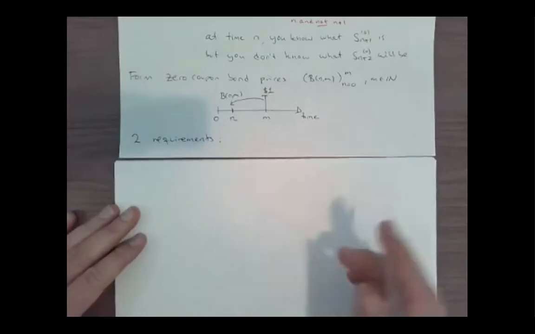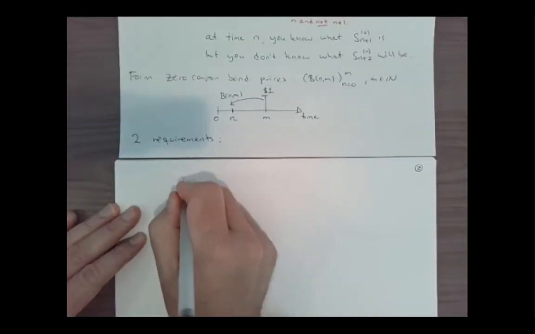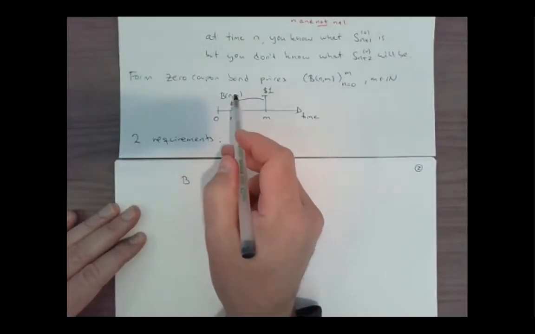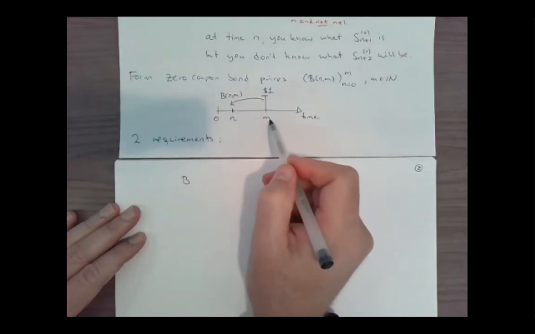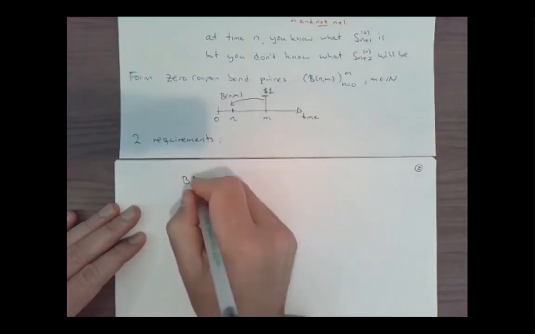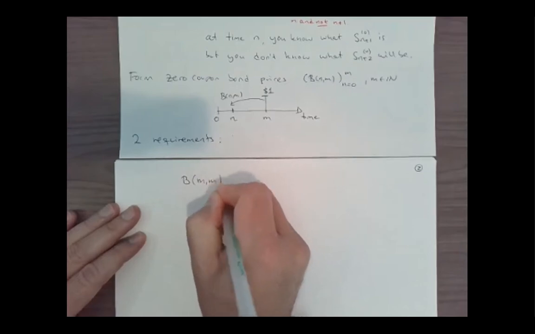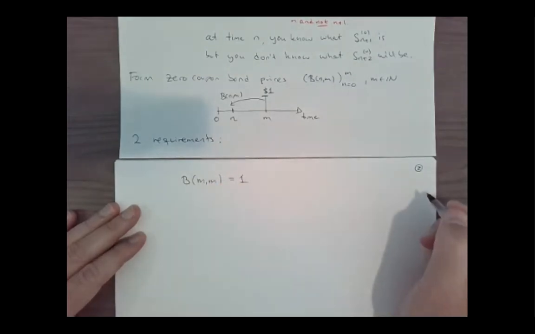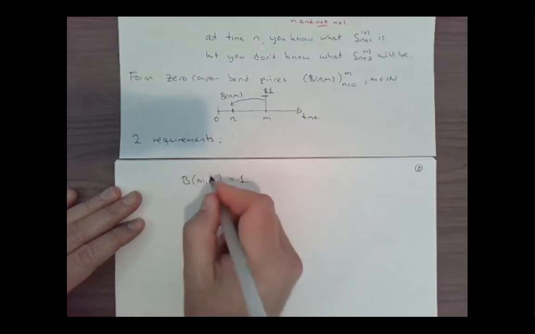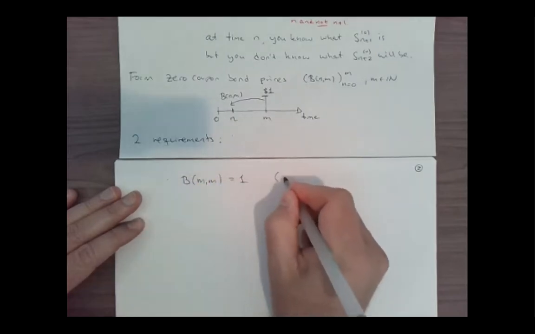One of them is that if I look at the zero coupon bond, when I move n up to m, the zero coupon bond price is equal to 1. So this here is my terminal condition.